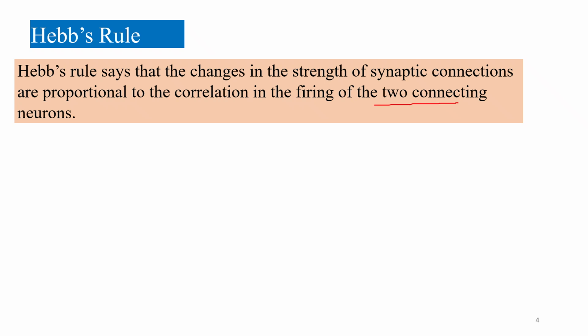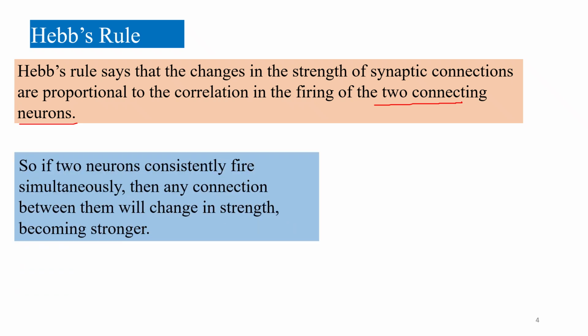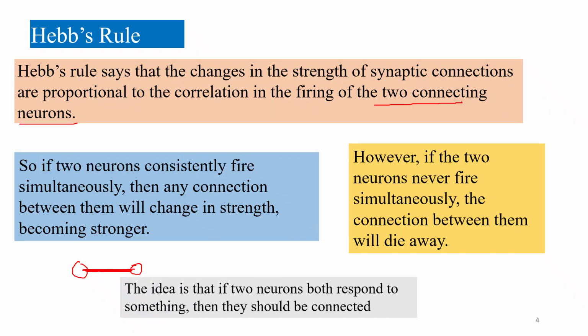So if two neurons are connected by a synapse, and if they consistently fire simultaneously, then this connection is supposed to grow. Like I'm making it bold. And if they do not, then the connection will die away. So the idea is that if two neurons both respond to something, then they should be connected.